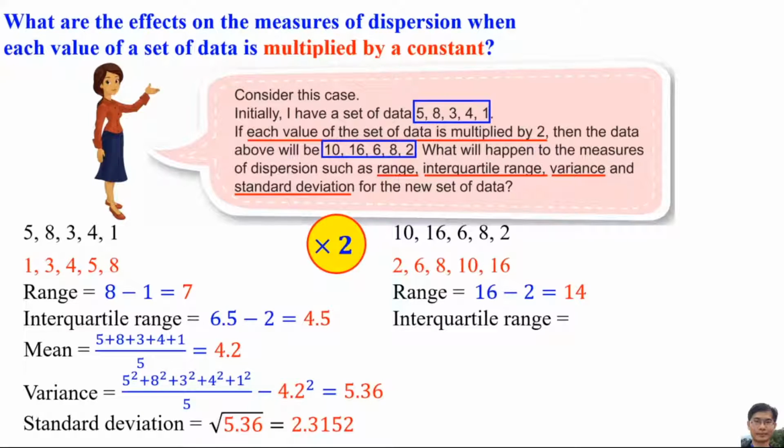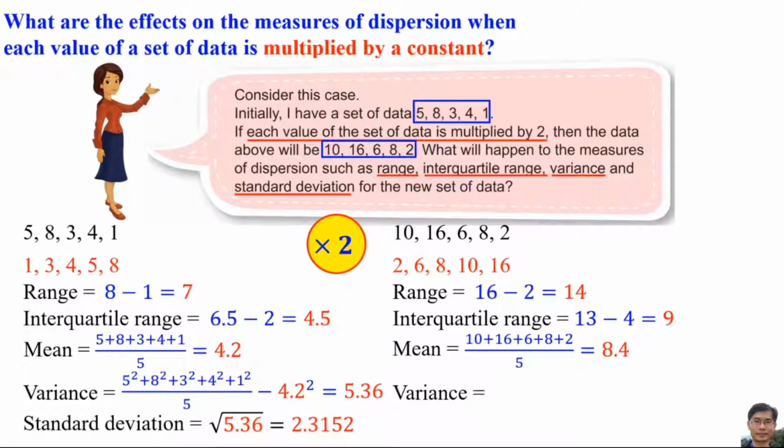Like previous, the third quartile is in the middle of these two data. 10 plus 16 per 2 equals 13. And the first quartile is in the middle of these two data. 6 plus 2 per 2 equals 4. So interquartile range equals 13 minus 4 equals 9. Mean is equal to the average of the data, equal to 8.4.